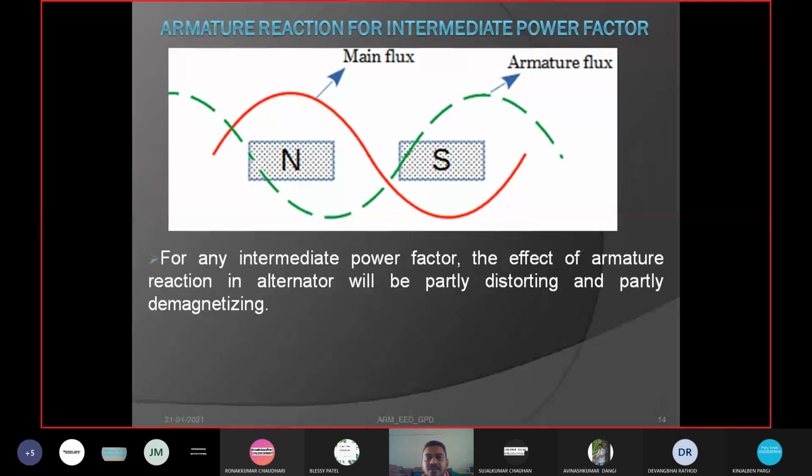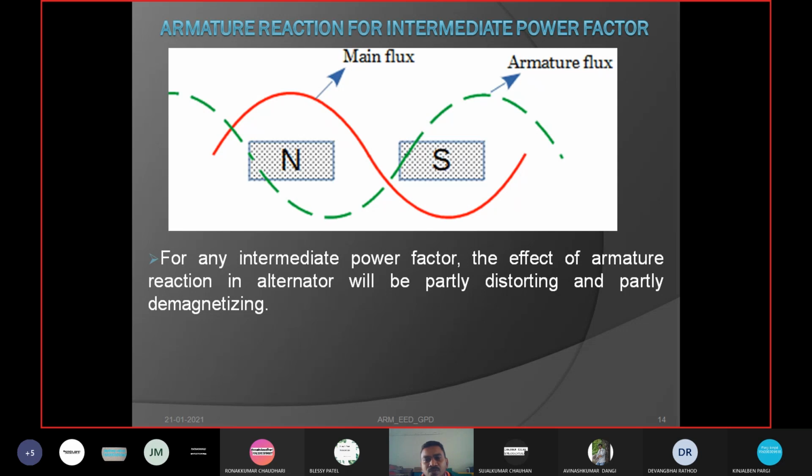For intermediate power factor, that means in between leading and unity, or unity and lagging, the effect of armature reaction is partly distorting and partly demagnetizing.